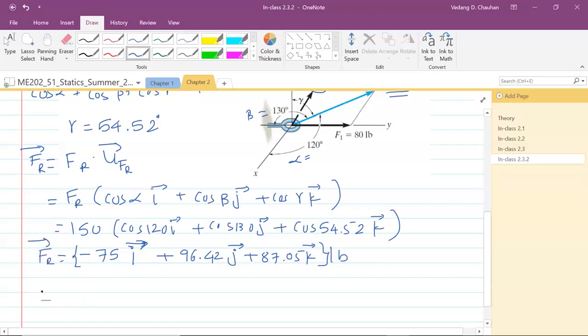Now we can write F1 as a Cartesian vector, which is very simple. It's along the y direction only, so it can be written as 0 i plus 80 j plus 0 k pounds.